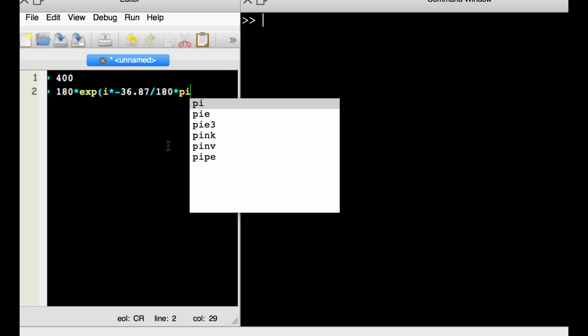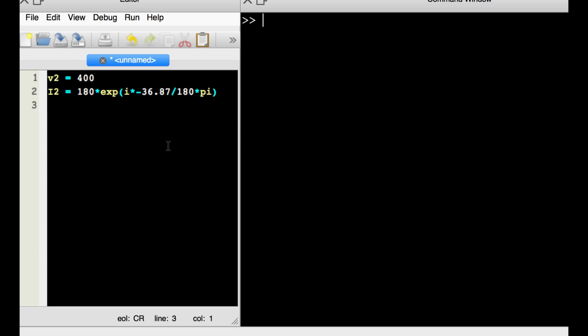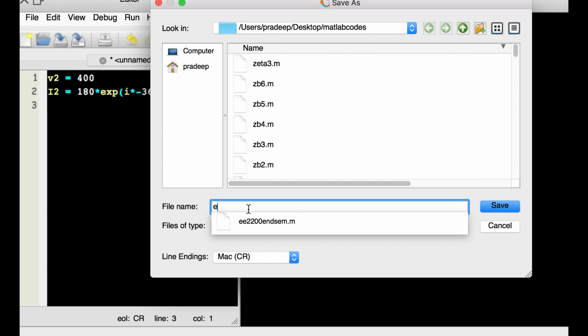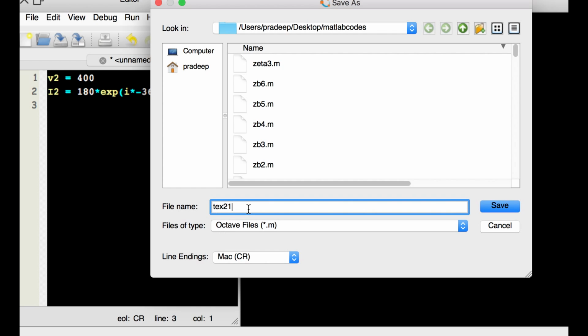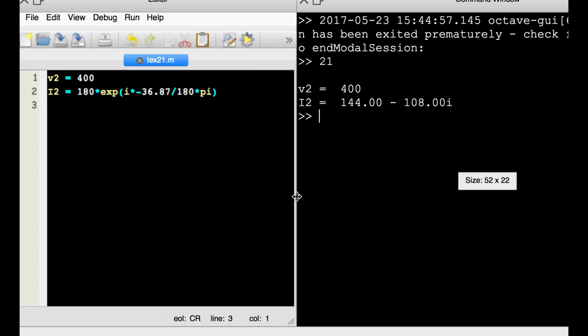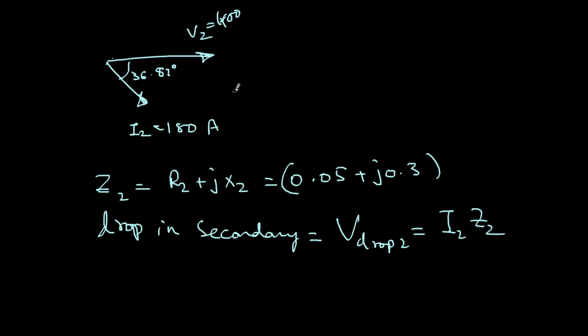So I have to multiply like this. So this is how I can define I2. If I now run this code, I can see on the screen I2 is 144 minus J 108. All right, so I2 I have defined.